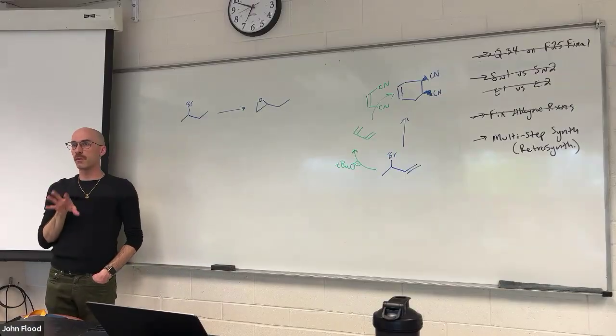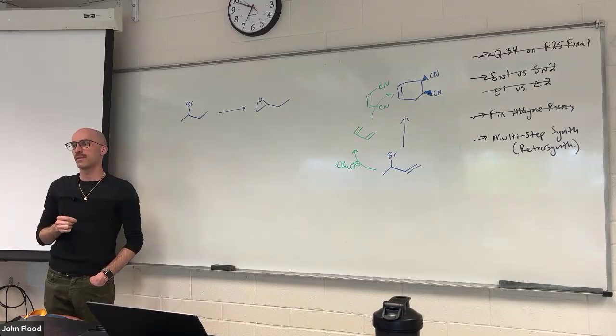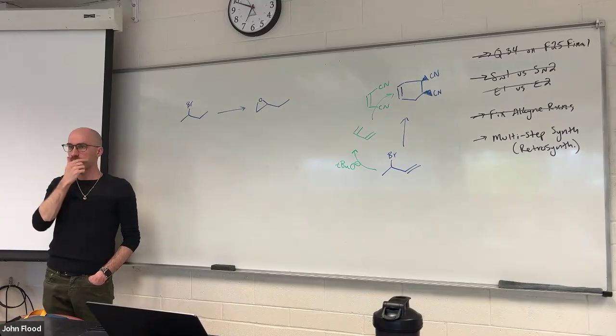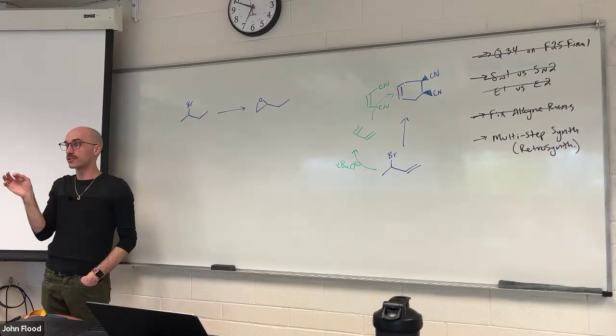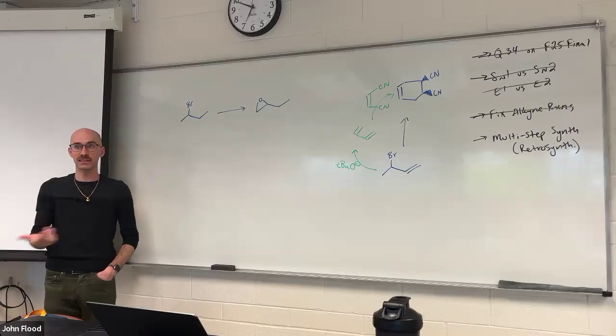But remember that an epoxide is not treated as an ether because it has different chemical reactivity than ethers. So we give it its own name. Kind of like how not all OHs are the same. The OH of an alcohol is different from the OH of a carboxylic acid.